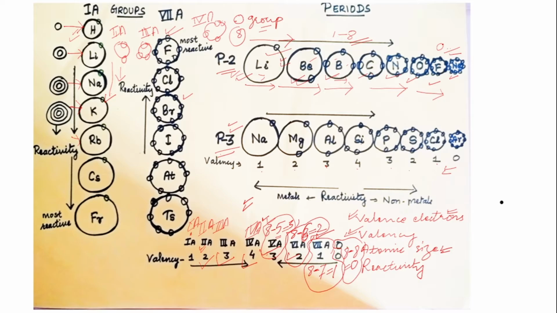Atomic size gets smaller. So this is the nucleus, and there are valence electrons in the outermost shell. What is happening?